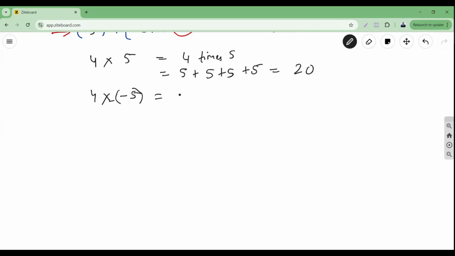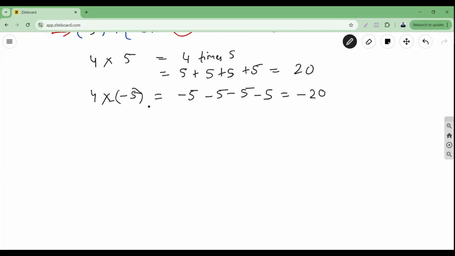This negative 5, 4 times you're going to have, and all these negative 5s are going to be added. So when we learned addition, what did we learn? If it's -5 and -5, start from -5, go to the left side, 5 more steps, you get to -10, -15, -20. So you end up with the answer of -20.